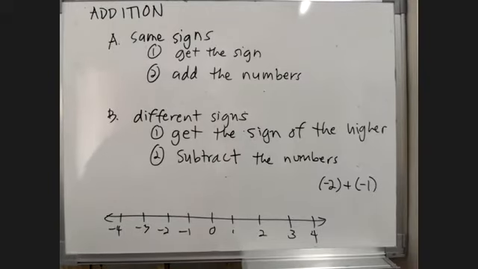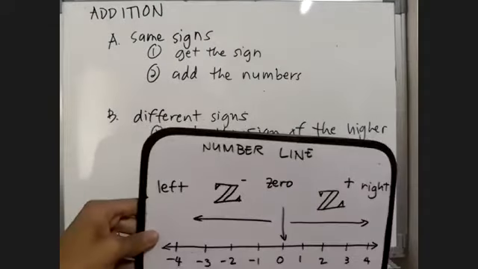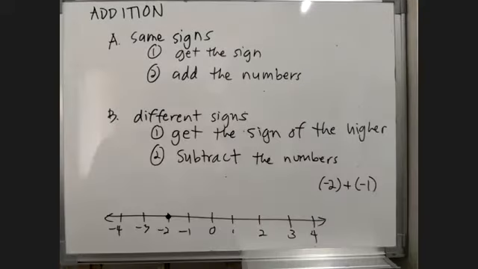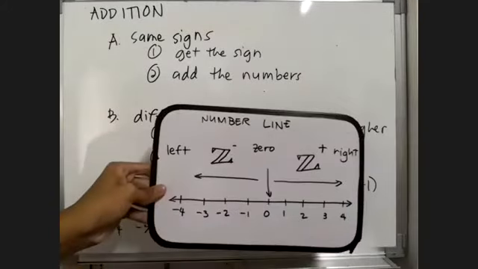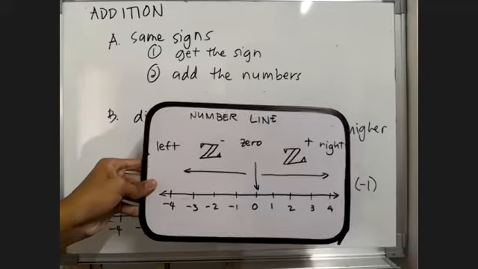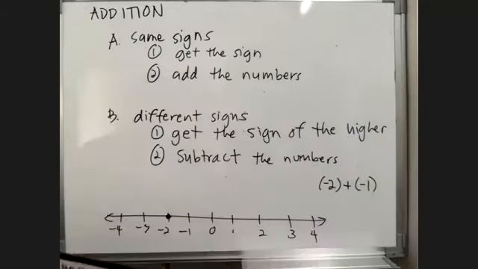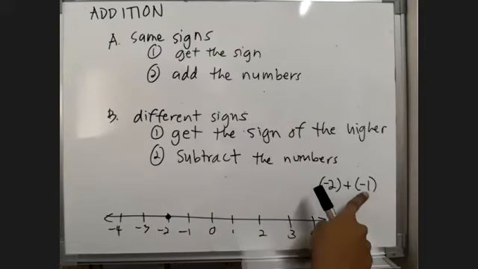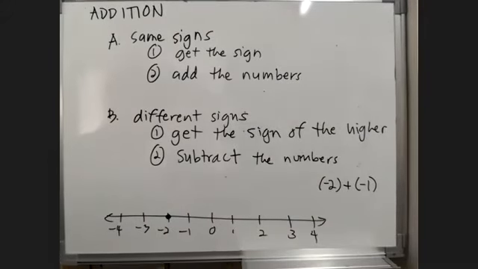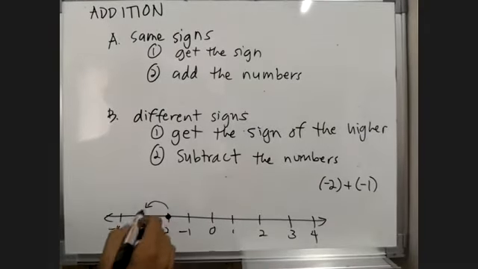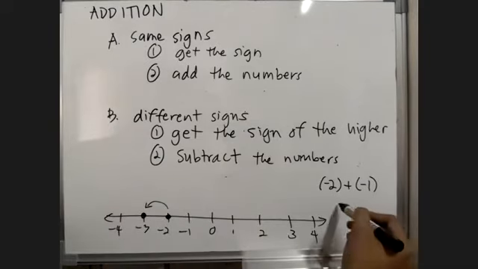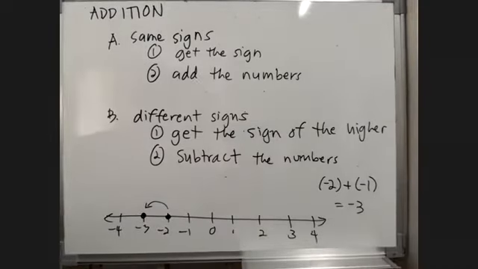Pwedeng negative 2, pwede din yung negative 1. So gamitin na lang muna natin yung negative 2. So ipa-plot ko na yung una. Ang sabi dito, kapag negative siya, you go to the left. Okay? So left, papunta ka ng left. So yung i-add natin, negative 1, so ibig sabihin papunta ka ng left ng isang unit. So tatalon ka ng isang unit, magiging negative 3. Therefore, the result here is negative 3. So ayun siya sa number line.